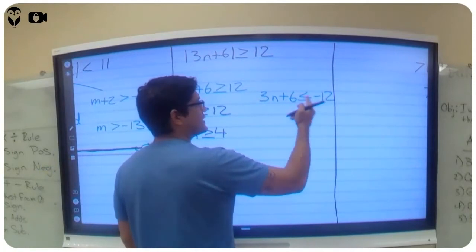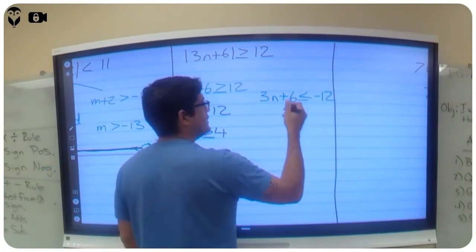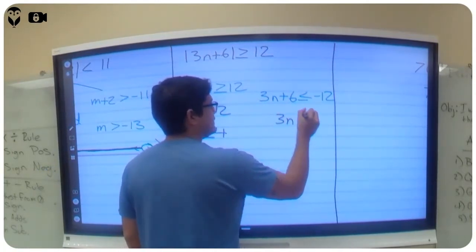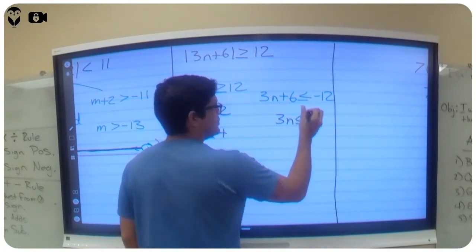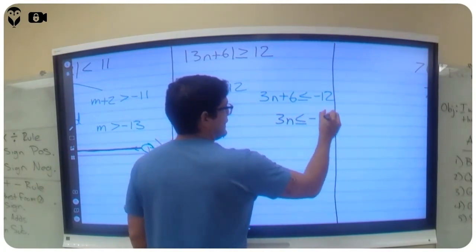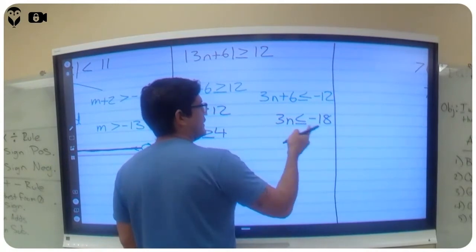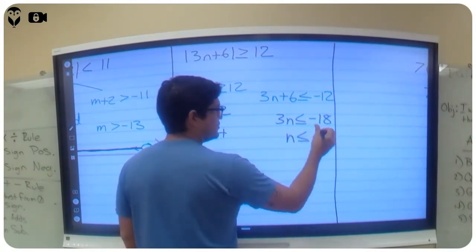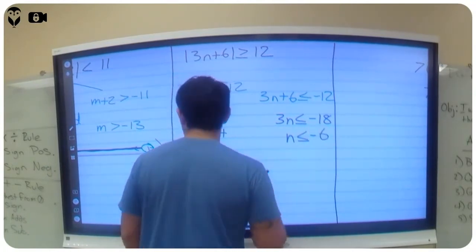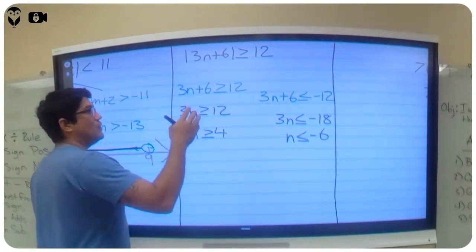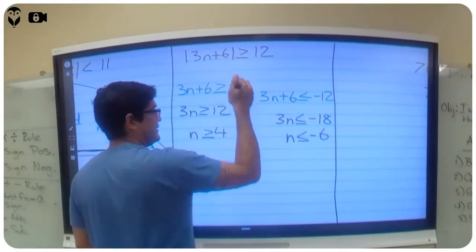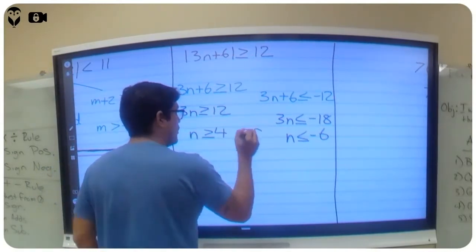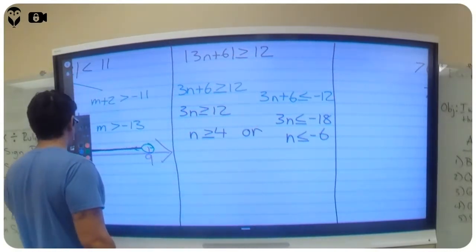Here I'm going to subtract 6 from both sides. 6 is gone. This is now 3n is less than or equal to negative 18. And then I divide by 3, and n is less than or equal to negative 6. So when you have a greater than sign, it's going to be treated like an or. Okay, so back to the purple graph.